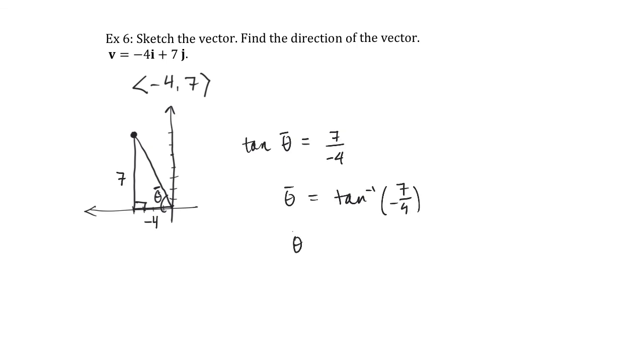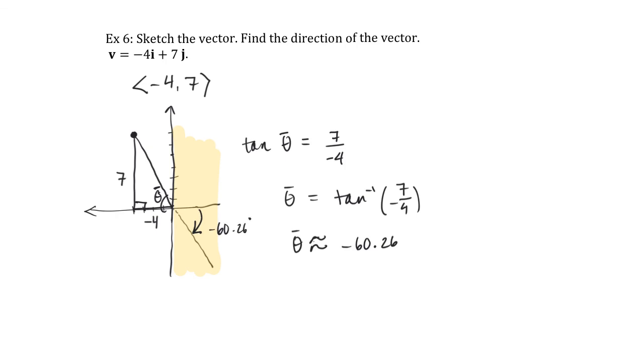So then that gives us about negative 60.26, just because arctan is only defined within quadrants 1 and 4. Okay, so what's going to come out on your calculator is actually going to be this angle, negative 60.26 degrees.